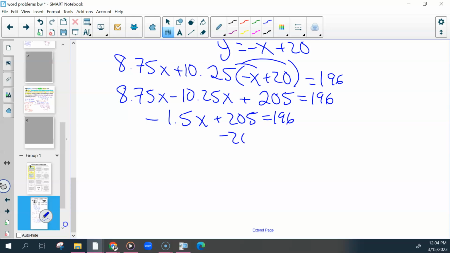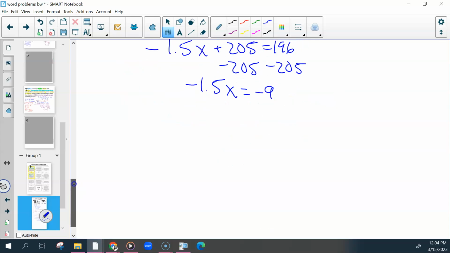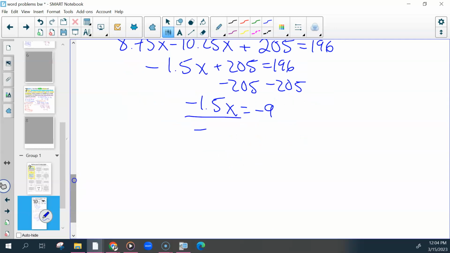And then get rid of the 205 by subtracting. And divide both sides by negative 1.5. What is x?